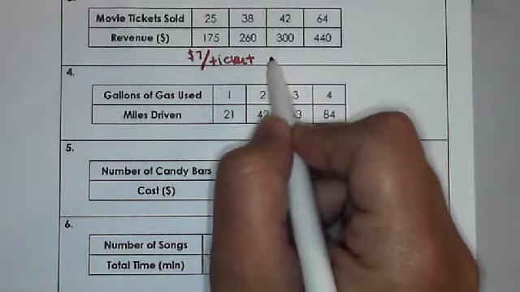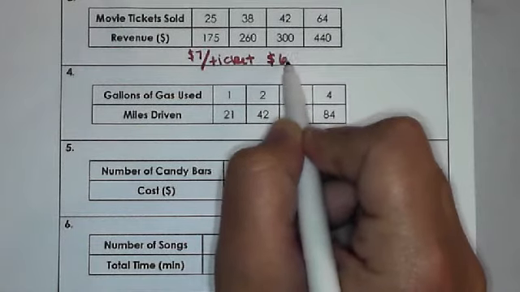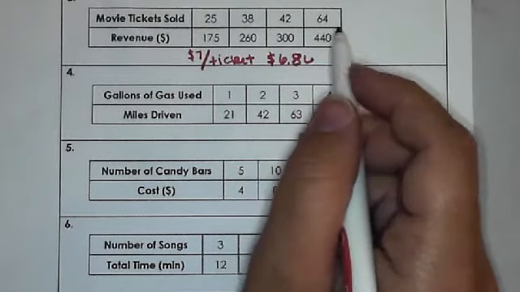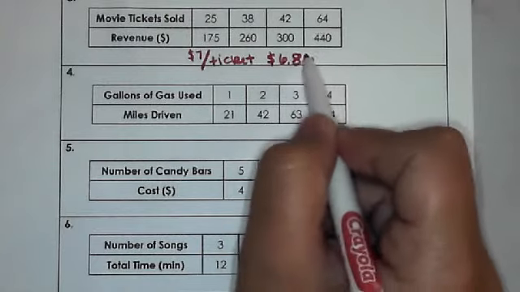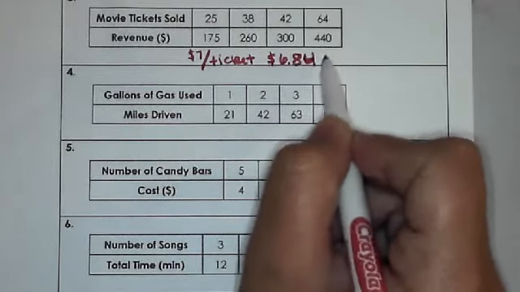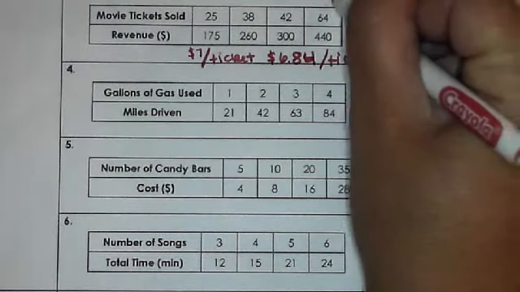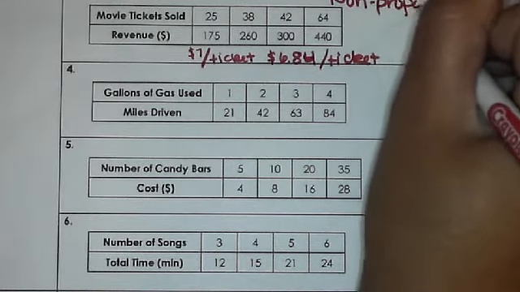All right, so what was the dollar amount again? 6.8. So since it's money, we need to add the 0. 0.84. And did you round it to the 0.84? Okay, per ticket. So that right there tells us it is non-proportional.